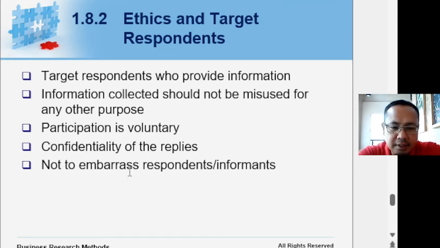Participation is voluntary, replies are confidential, and we must not embarrass the respondent or informant. So there are some ethics guidelines for the target respondent or sample.